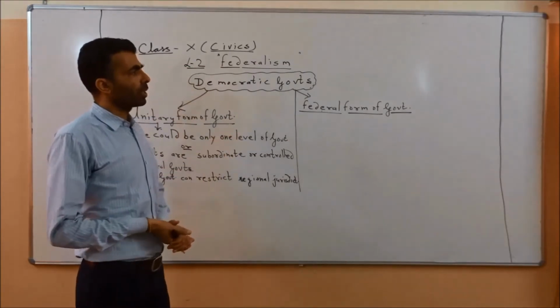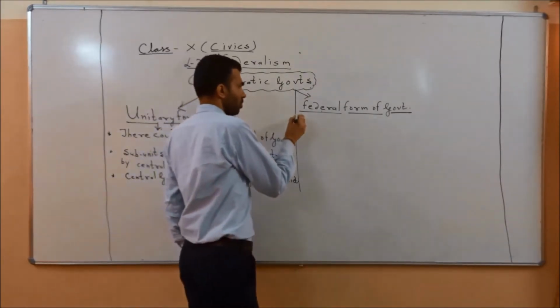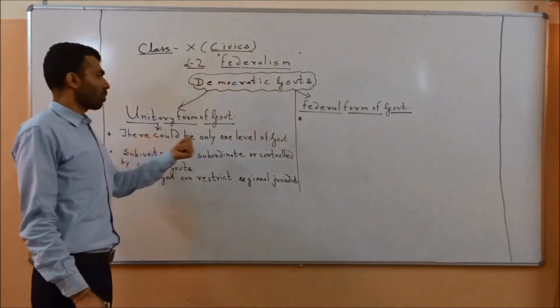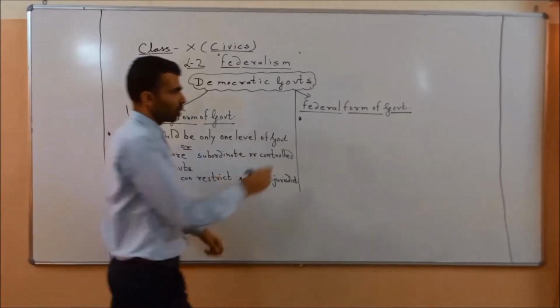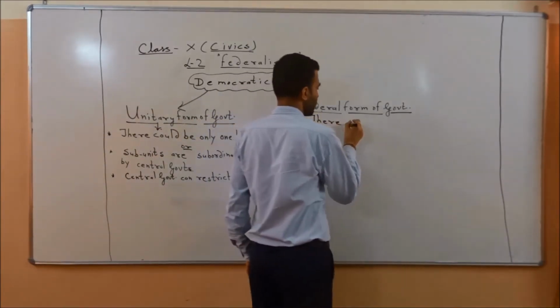Federal form of government is very simple to understand, just the opposite of this. First and foremost feature: in the unitary form of government there is only one level of government, so there would be different levels of government.